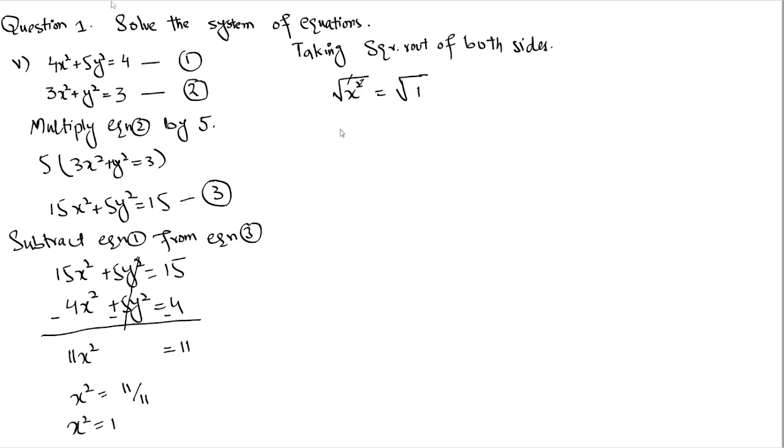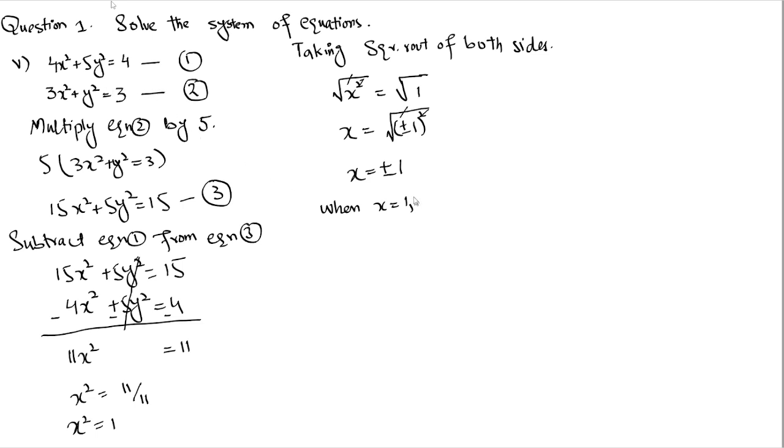Square cancels out with square root, so x is equal to plus minus 1. Now when x is equal to 1, we will insert the value of x in either equation 1 or equation number 2, and we will get the value of y.